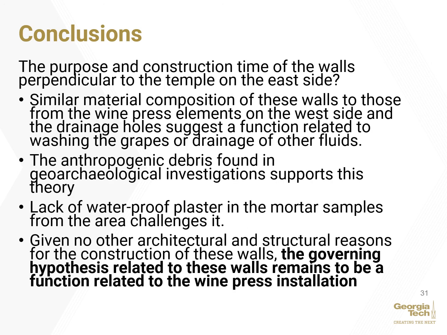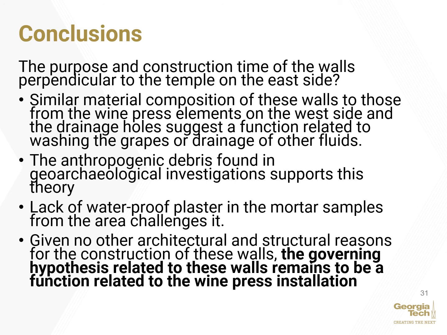The purpose and construction time of the walls perpendicular to the temple on the east side was another question, and we found similar material composition of these walls to those from the wine press, and the drainage holes do suggest a function related to washing the grapes or drainage of other fluids.